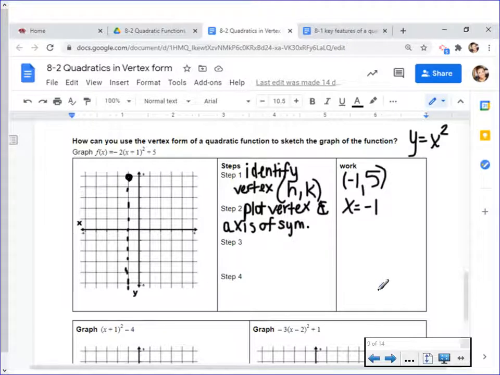Okay, so we don't have a graph yet because all we have is 1 point. We're looking for a parabola, which means it's going to have a U shape or an N shape. So step 3 is we want to calculate 2 points on one side of the axis of symmetry.